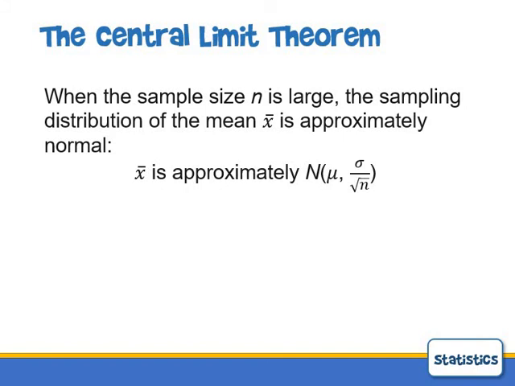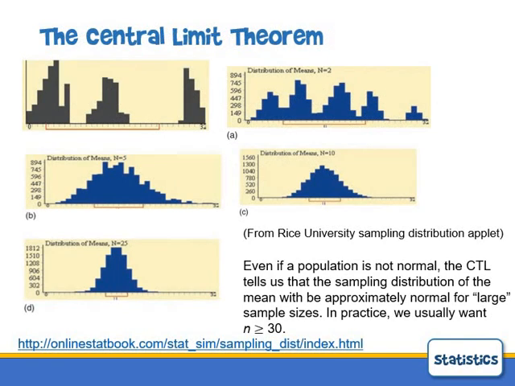So when the sample size n is large, the sampling distribution of the sample mean x bar is approximately normal, and its mean is mu, and its standard deviation is sigma over square root of n. So that's the central limit theorem. If you take large enough sample sizes, x bar itself is approximately normal, with a mean of mu and a standard deviation of sigma over square root of n, where mu and sigma are the original population parameters for x.